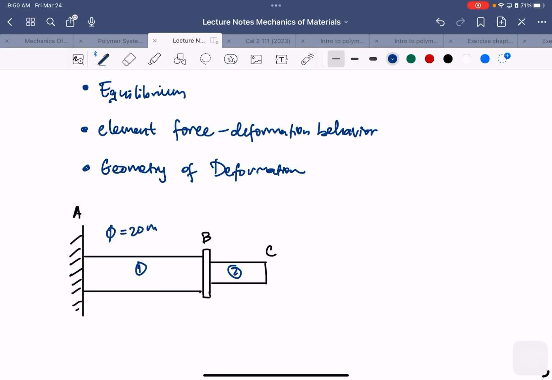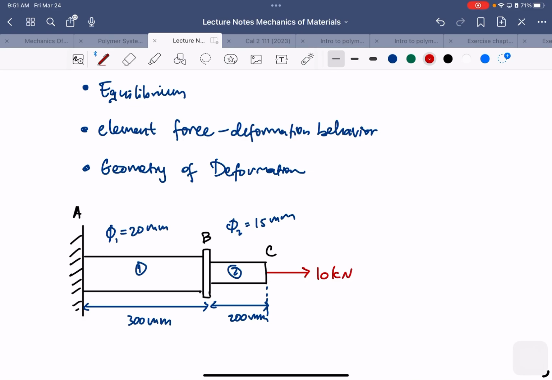Diameter 1 is 20 millimeter. Diameter 2 is 15 millimeter. This is 300 millimeter. And this is 200 millimeter. I think I drew too small, but that's okay. And then it has applied force 10 kilonewton. And another force here, which is 30 kilonewton.